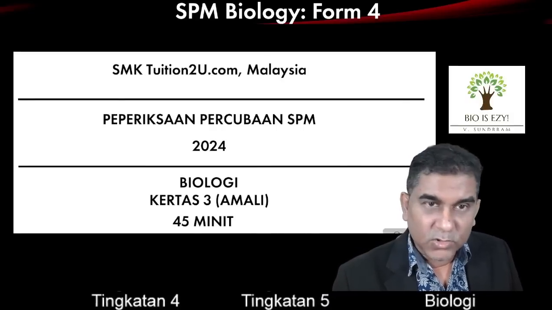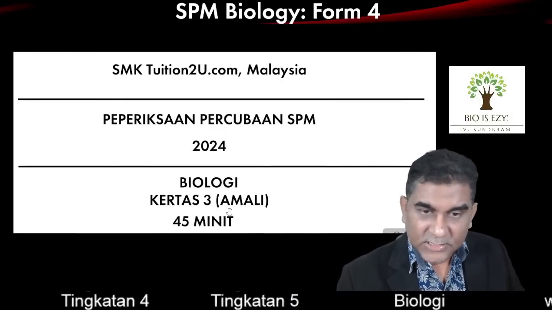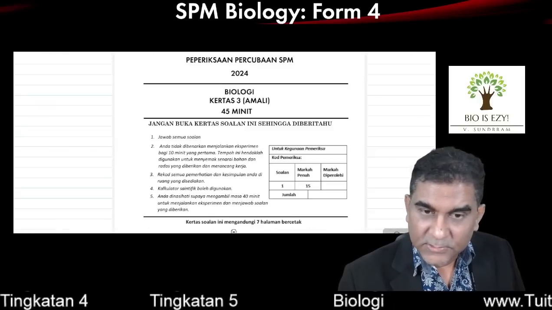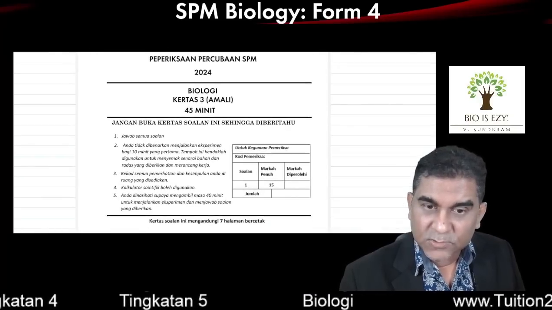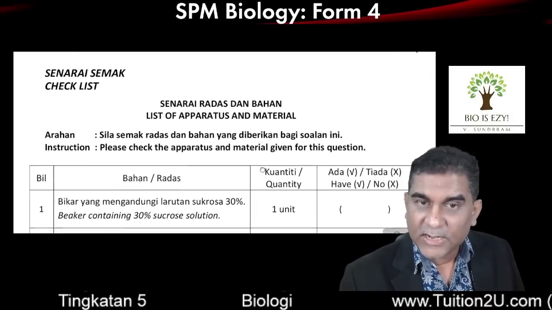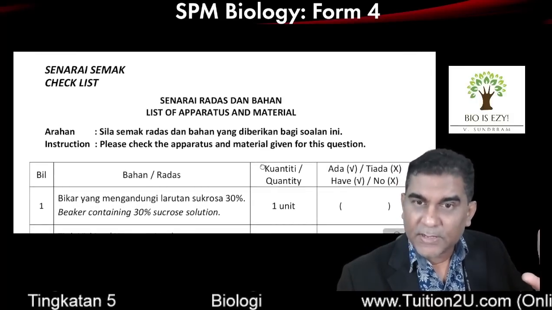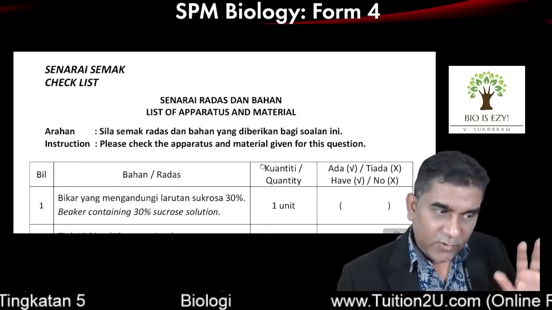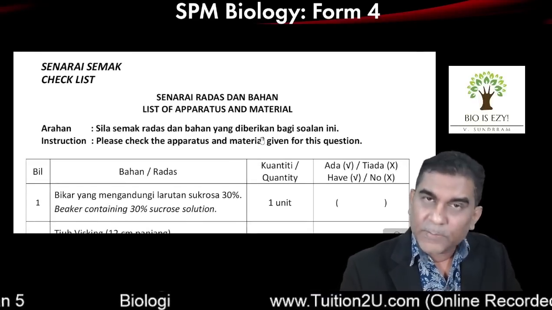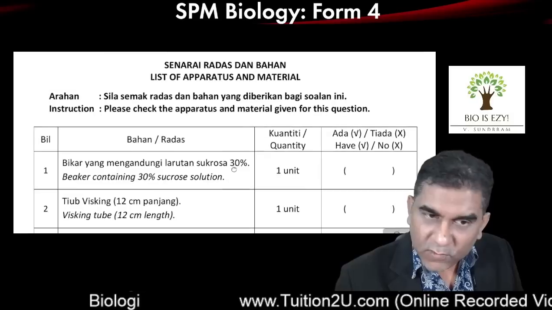Okay, so kita terus pergi kepada soalan. So ini kertas yang saya dah cipta untuk eksperimen. So yang ini page pertama. So selepas page pertama, kita masuk kepada page kedua. So di page kedua, there is a list of apparatus and material. Before the exam starts, once they allow you to open the paper, quickly go through all of this.